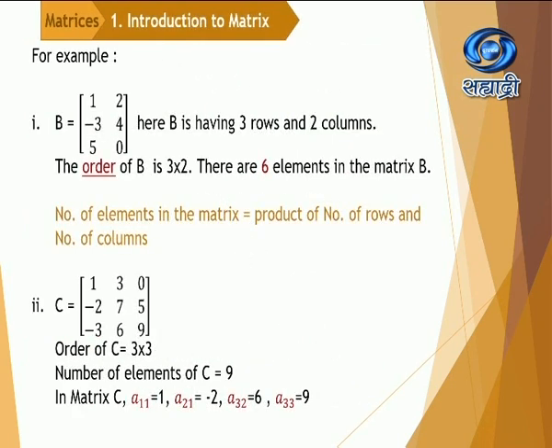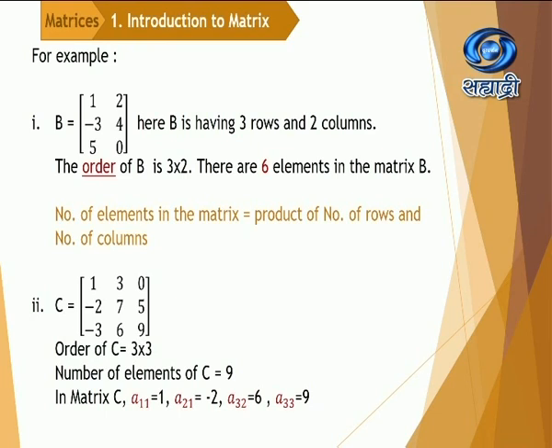After this, depending upon the number of rows and number of columns, we are going to learn one word, that is order of a matrix. If you observe these two examples, first B, in B you have 3 rows and 2 columns. That means the order of this matrix B is 3 cross 2, or you can say 3 by 2.